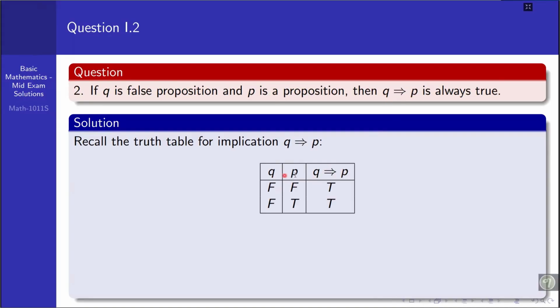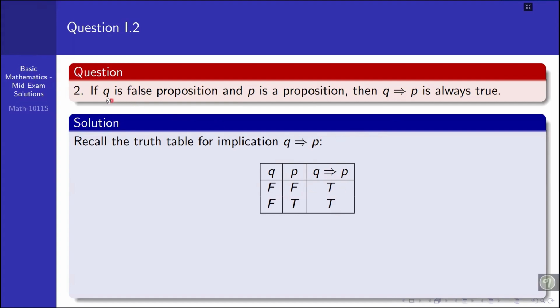We have Q and P, which are the component propositions for this logical implication. But what we are informed here is Q is always false, so the possibilities for the truth values of Q implies P are false implies false or false implies true, which is always true.